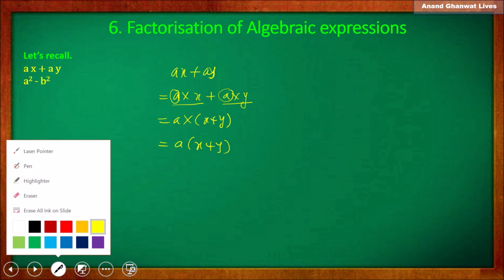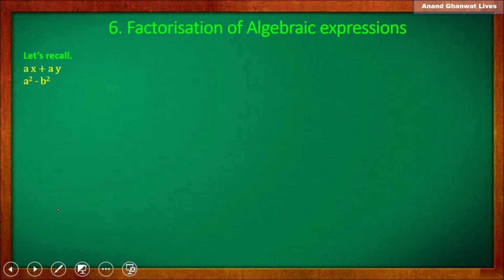Okay. Now next, a square minus b square. Now let us remember the expansion formula of a plus b into a minus b. Do you remember the expansion of a plus b into a minus b? A square minus b square.